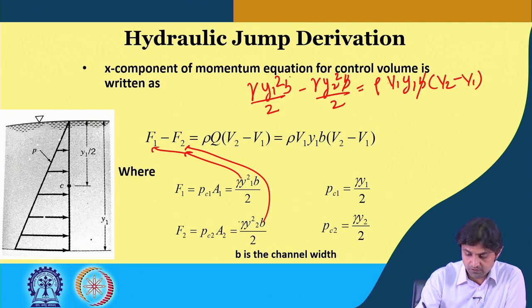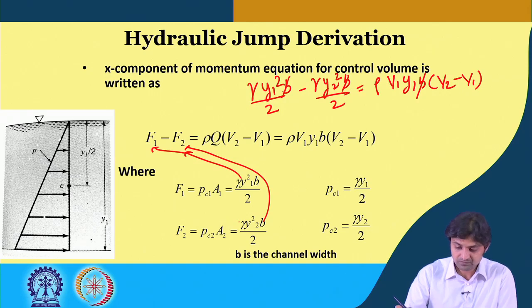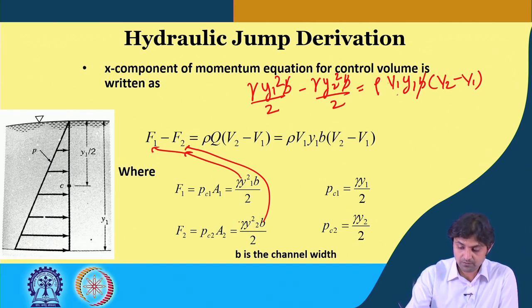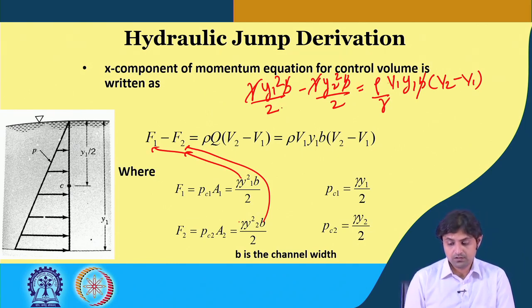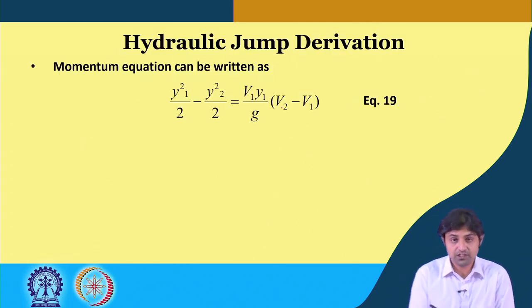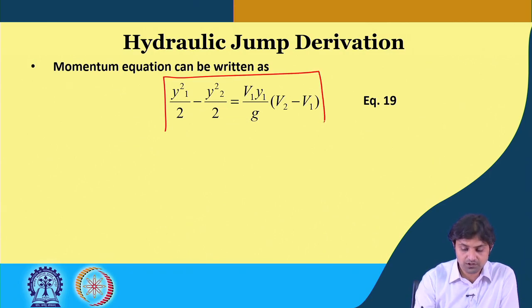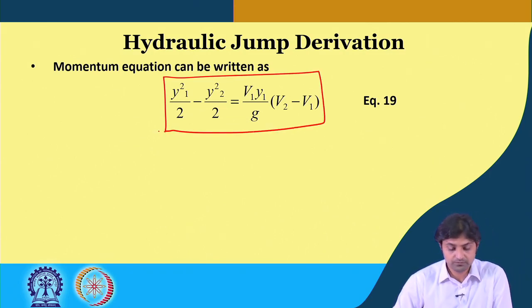So, b will cancel from both sides, and this gamma can come down. So, rho by gamma is going to be 1 by g. Using this we have simply written y1 square minus y2 square is equal to v1 y1 by g into v2 minus v1. So, this is one equation that we get.